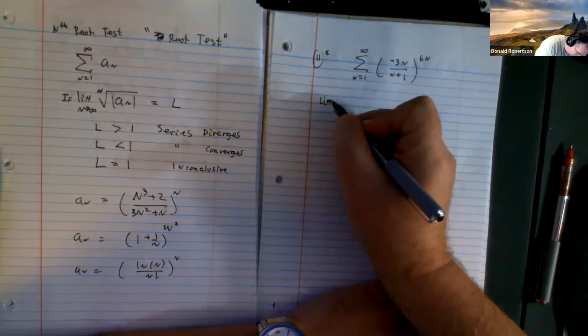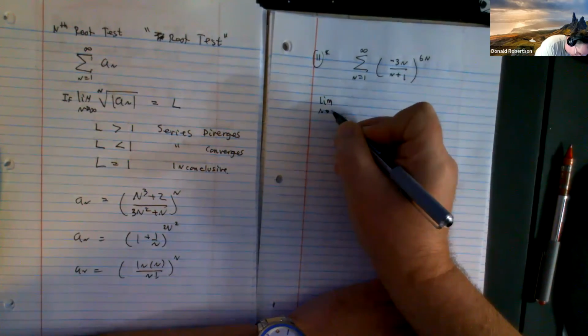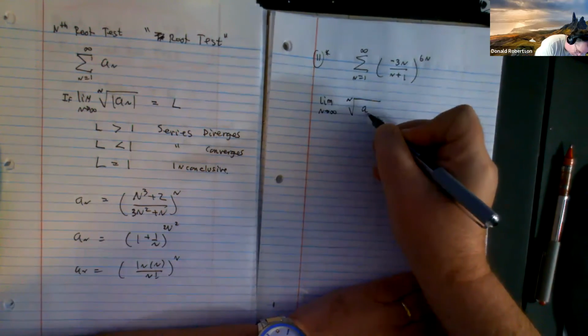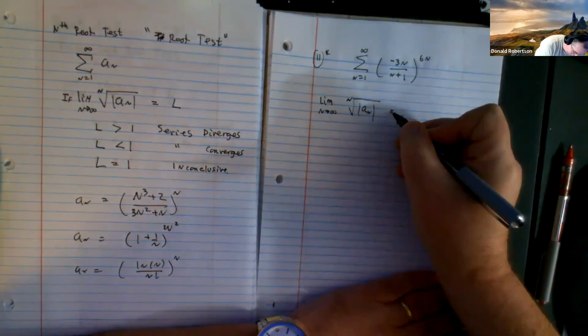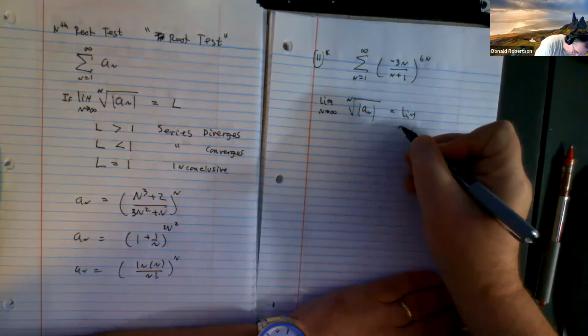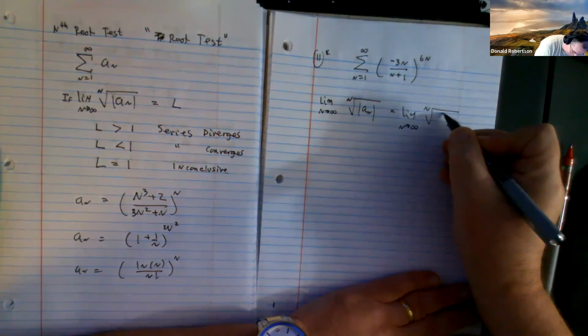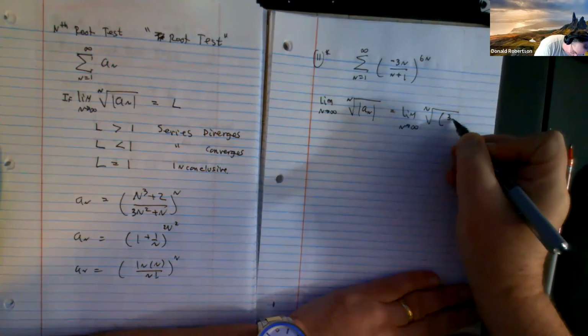Then, according to the nth root test, you are going to find the nth root of that guy. So it's going to be the limit as n tends to infinity of the nth root of this fella.